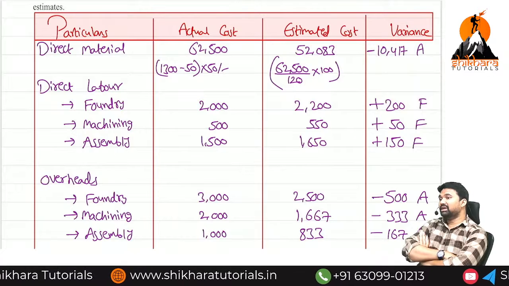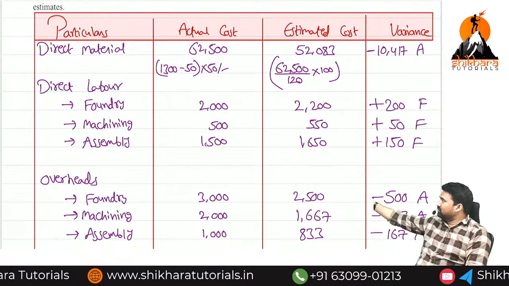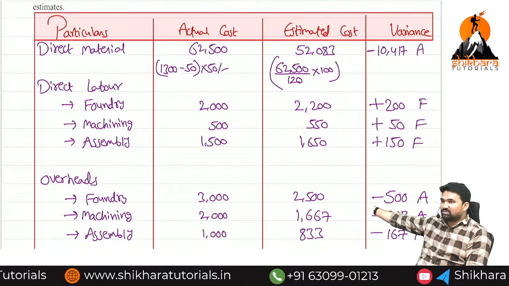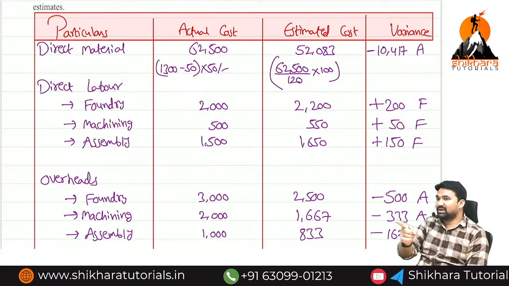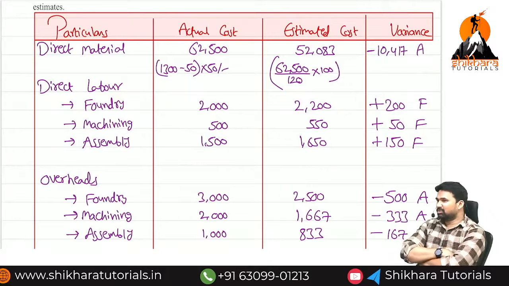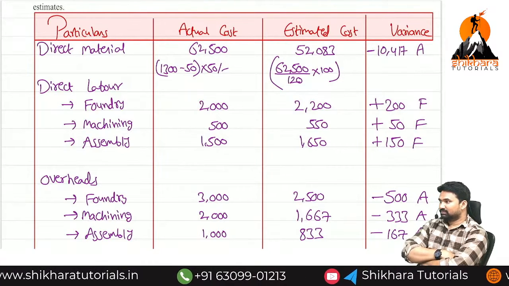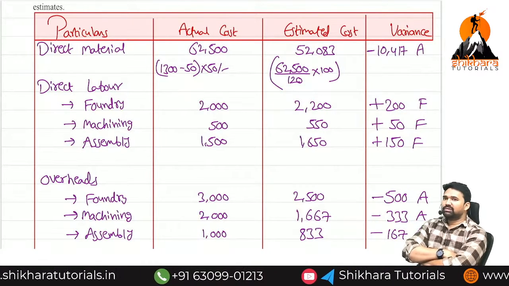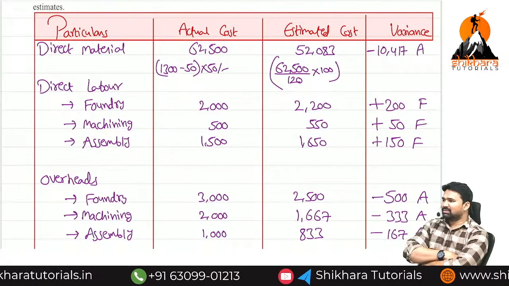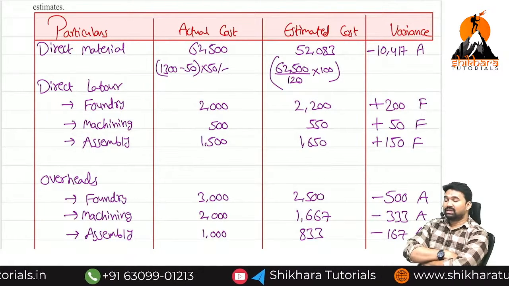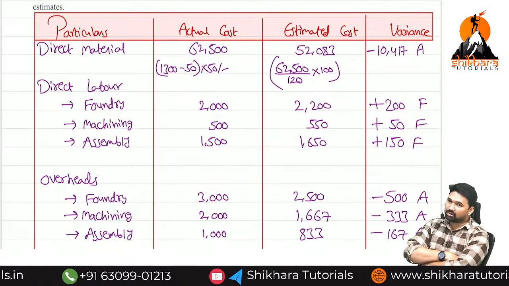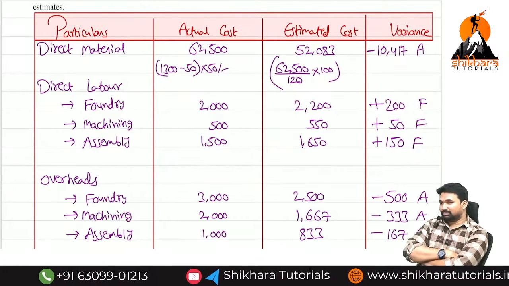Very, very tough. And if you are able to understand this problem, you have understood the difficult concepts. In standard costing, we will use formulas only. So this is the toughest problem in your entire cost sheet chapter.